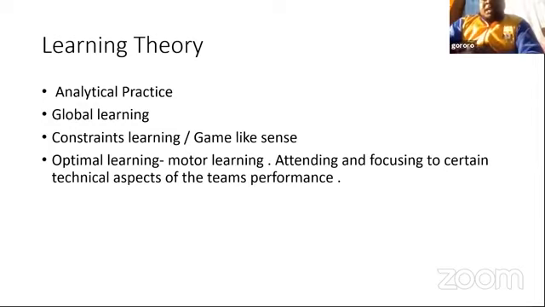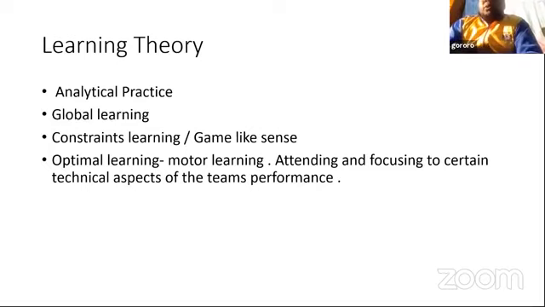And then there is some practice where we will be focusing on optimum learning, that is the desired learning, when we are improving the motor skill, to make sure that the players are able to perform a certain movement, a predetermined movement based on training and experience.